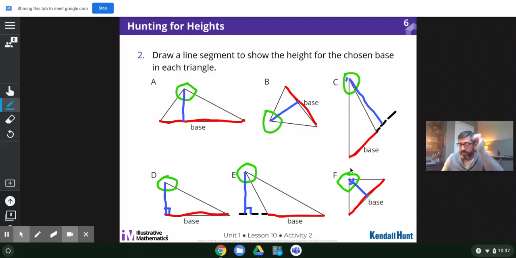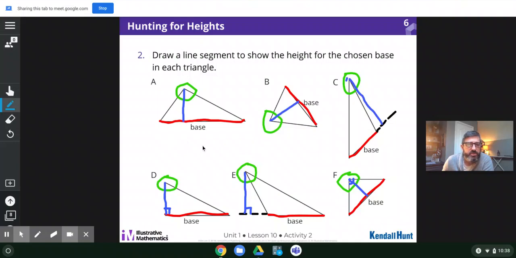So not in all right triangles are we always going to use one of the sides of the triangle. But remember, always, once the line segment we're going to use as our base has been picked, we just draw a perpendicular line from the opposite corner back to the base, and that will give us our height.